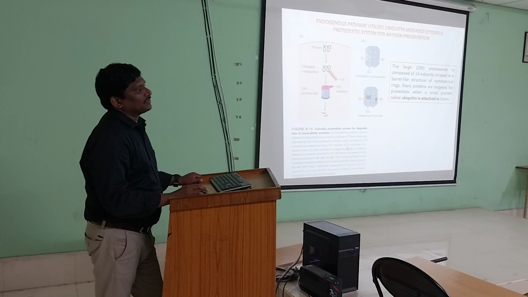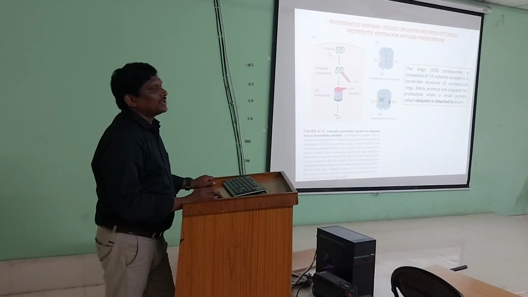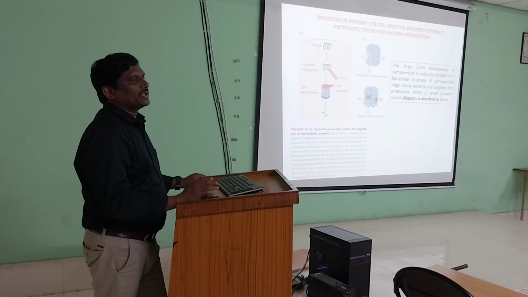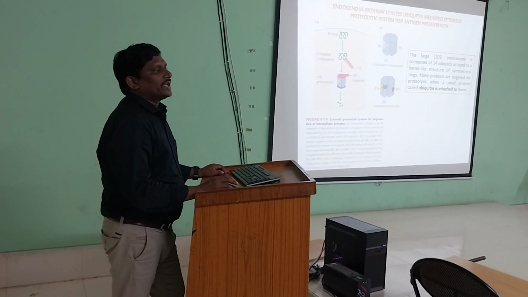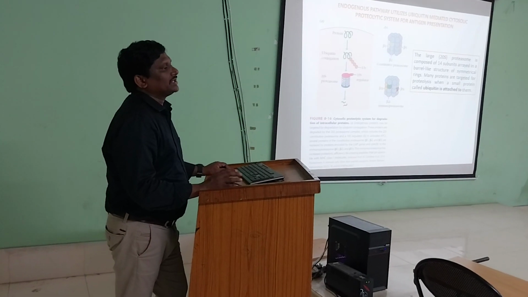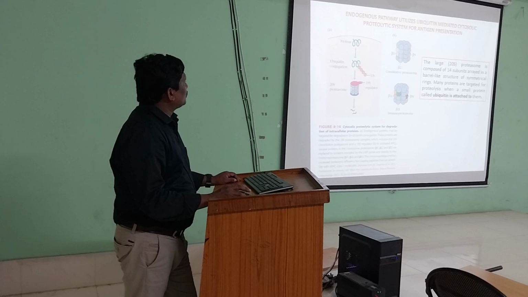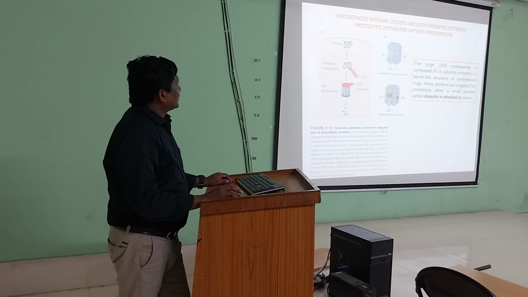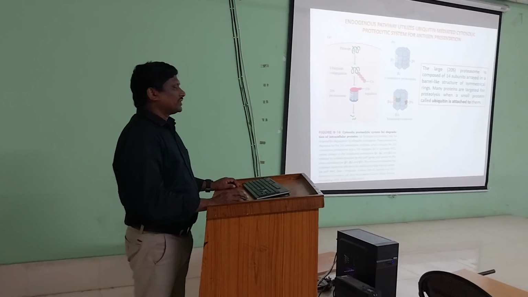In general, what happens when there is an accumulation of proteins, or misfolded or abnormal proteins accumulate within the cells? They have to be efficiently eliminated by the cell, right? So what happens? There is a molecule called ubiquitin that attaches to these abnormal proteins.